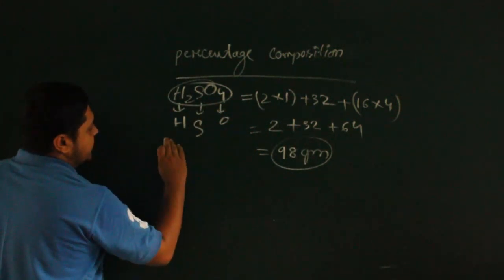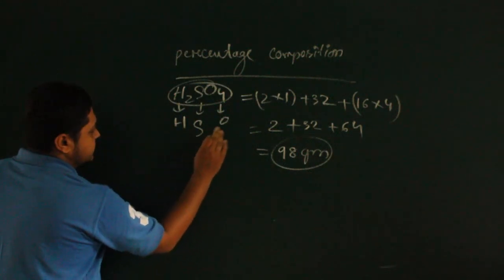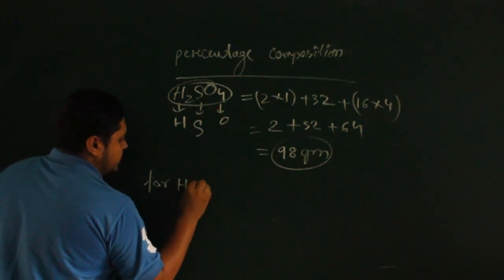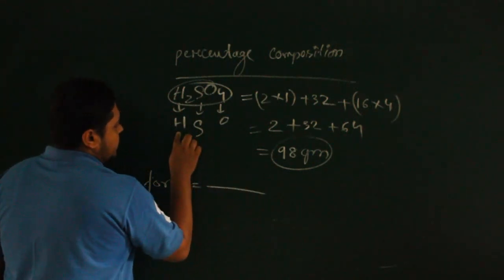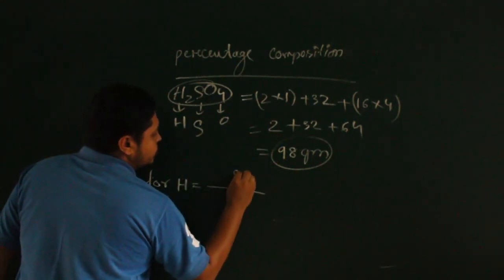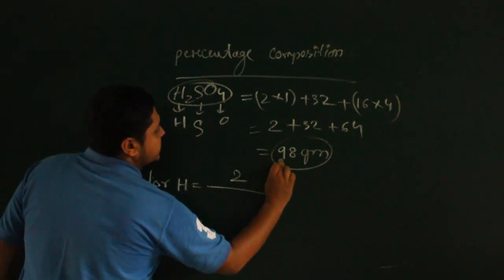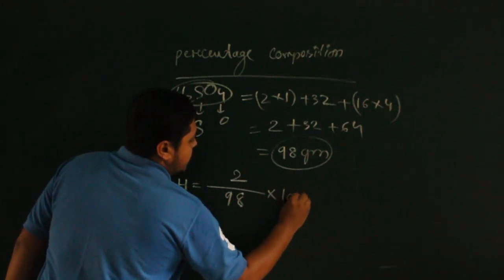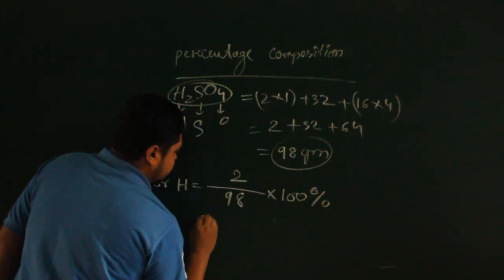So for the percentage composition, there are three types of elements: hydrogen, sulfur, and oxygen. For hydrogen, the percentage composition is the mass of hydrogen, that means 2, divided by the total mass of the compound, 98 gram, into 100%.